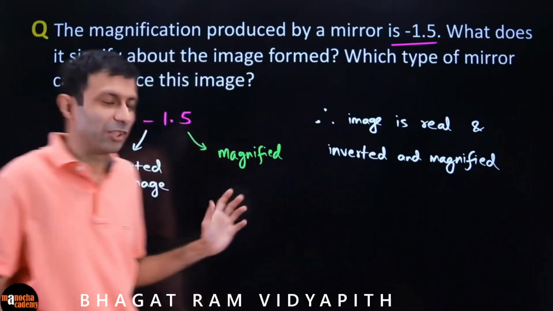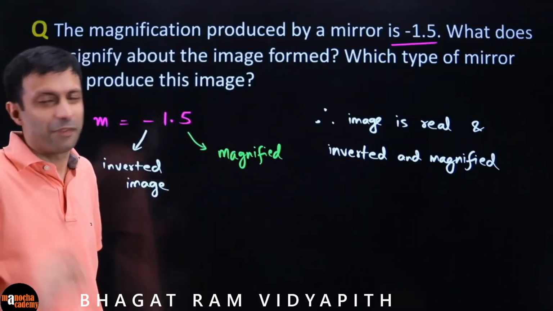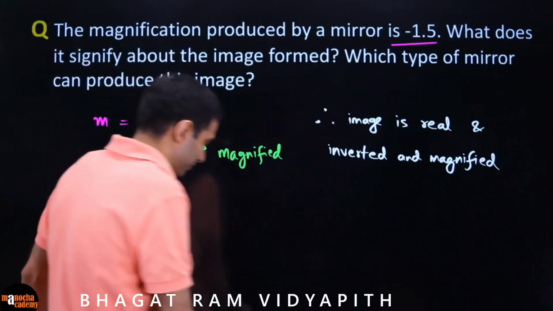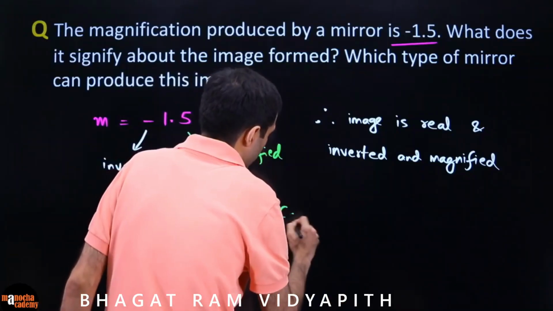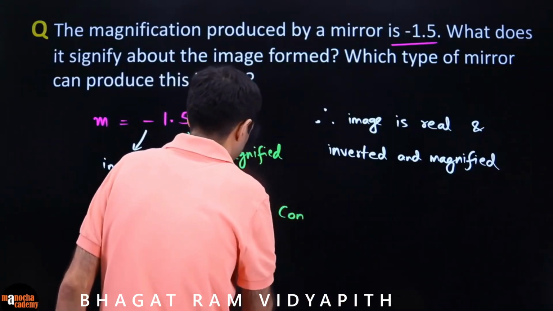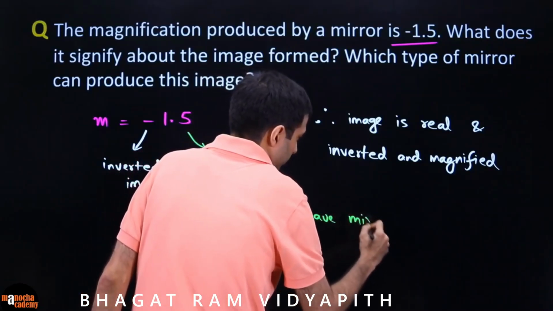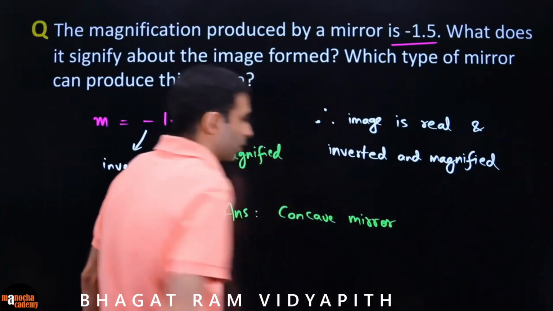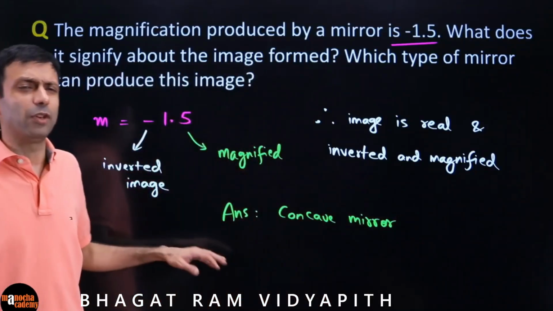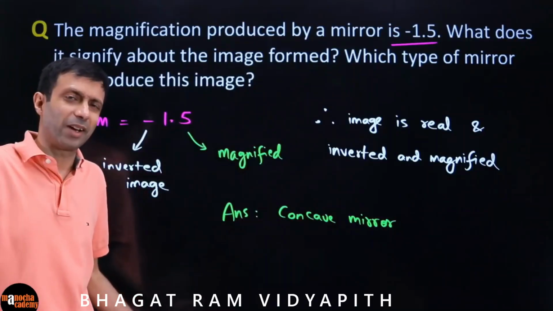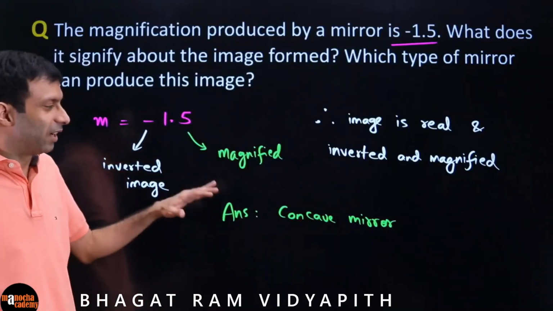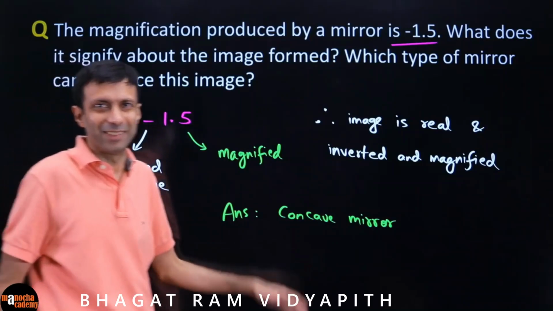Convex mirror, it's always diminished. So both things are telling us definitely it's a concave mirror. So answer is concave mirror. And please think carefully. Sometimes you're thinking concave but writing convex, or thinking the opposite. Clearly it will be a concave mirror here.